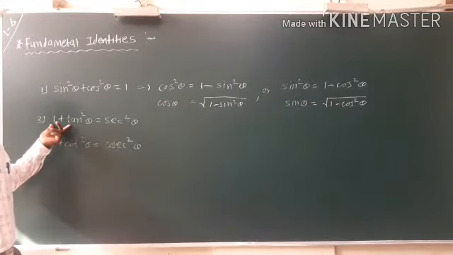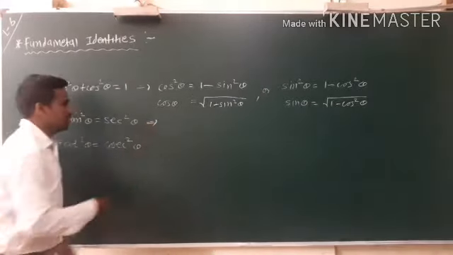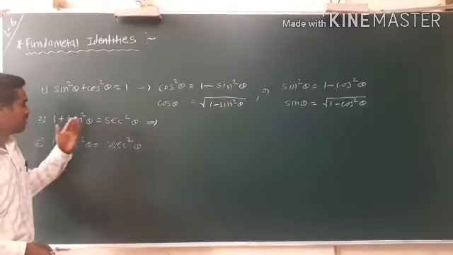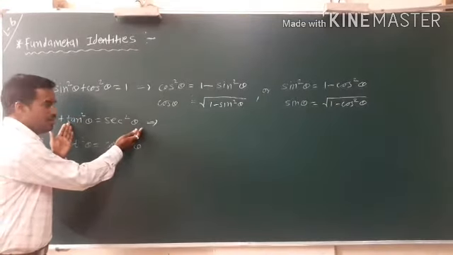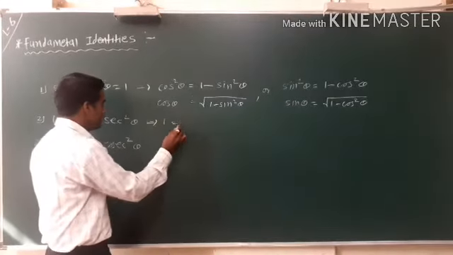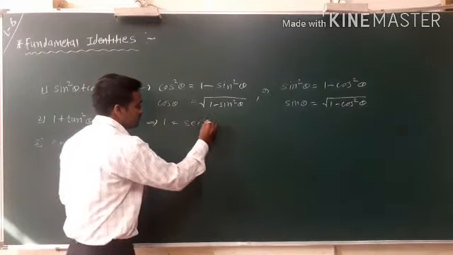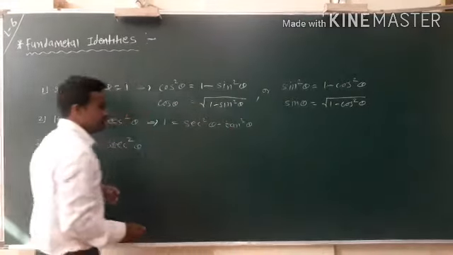Next identity: 1 plus tan square theta equals sec square theta. Moving tan square theta to the other side, the form is 1 equals sec square theta minus tan square theta.